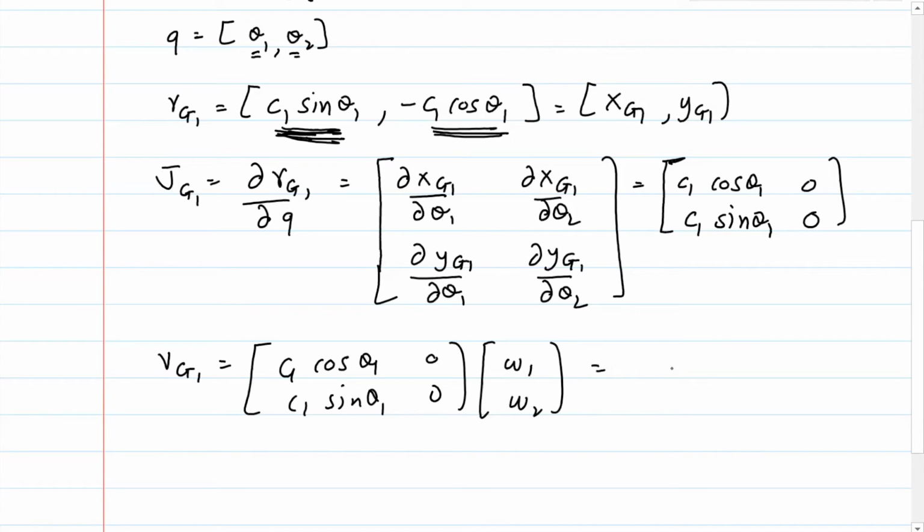And so our answer is going to be C1 omega 1 cosine theta 1, C1 omega 1 sine theta 1. Okay, this seems a bit lengthy if we need to do it by hand, but because of the command jacobian(f, q) in MATLAB, it is much simpler to do it in MATLAB than by hand.